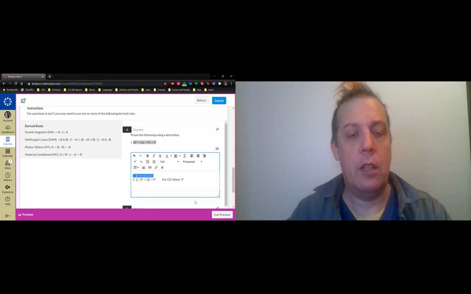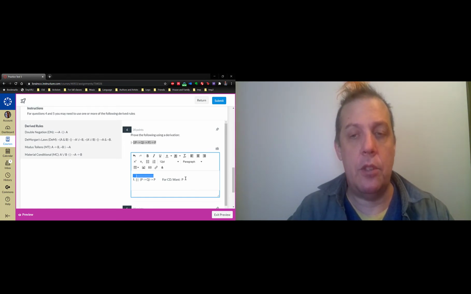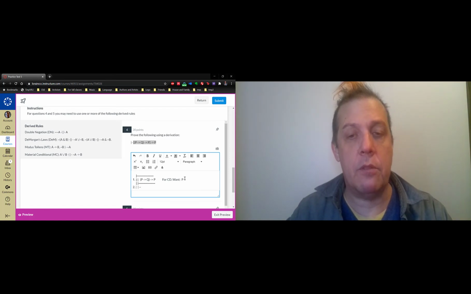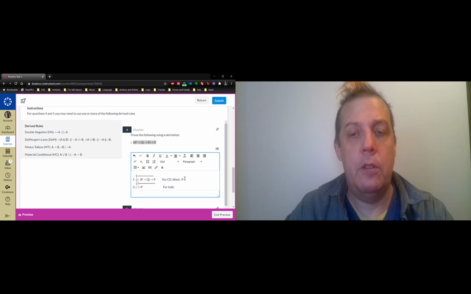It doesn't do anything. So let's do the thing that we were doing in the previous proofs, and insert and run an indirect derivation inside a direct derivation. So what we're going to do is say not P for indirect proof, and we want a contradiction.